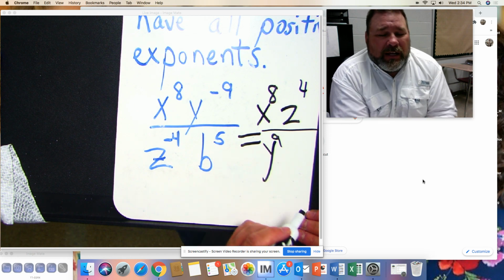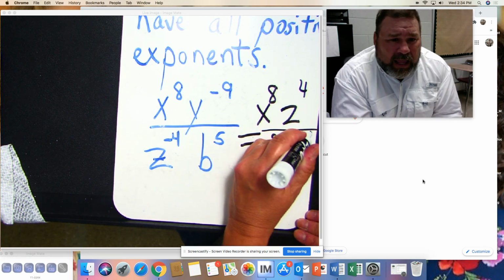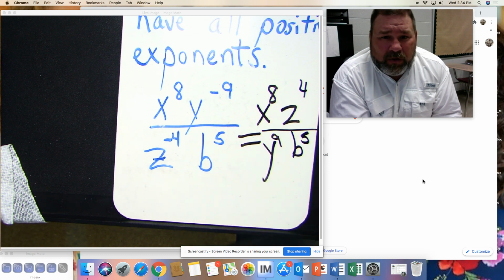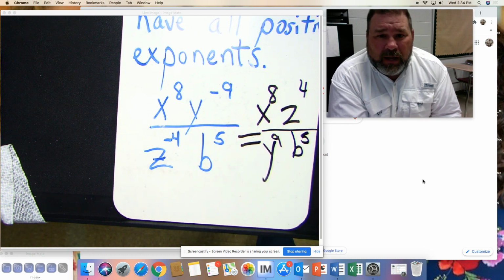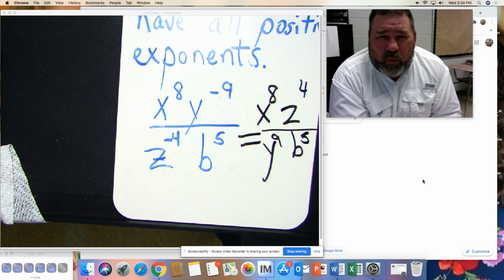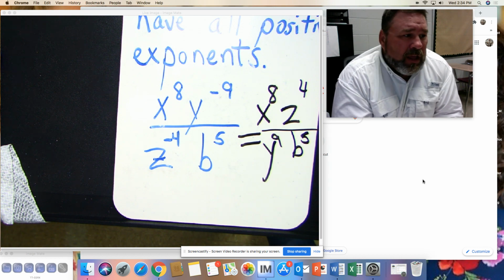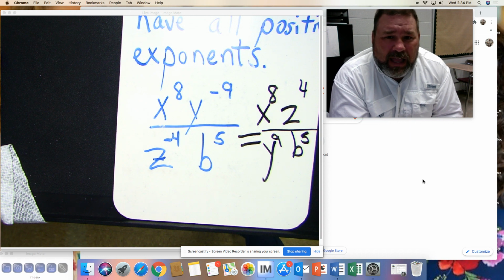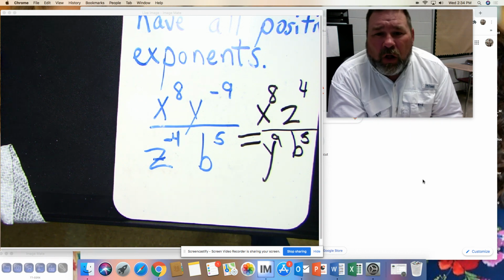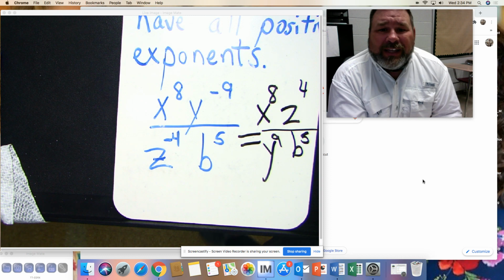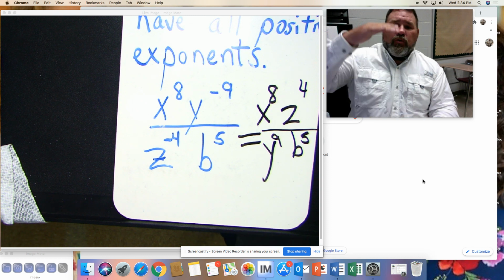What Miss Powell's trying to get us to see here is that we can't leave negative exponents in any problem when we rewrite or simplify, is what it might say. I think that's what your directions say there. Simplify means to get rid of all negative exponents. And so to get rid of negative exponents, you move them.